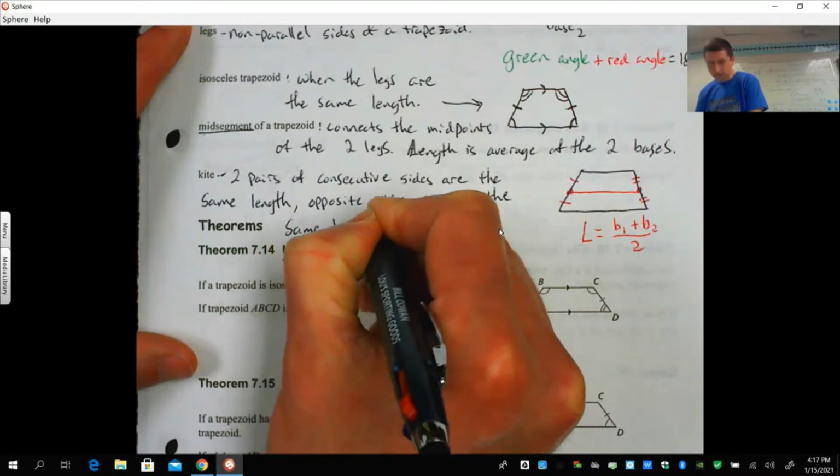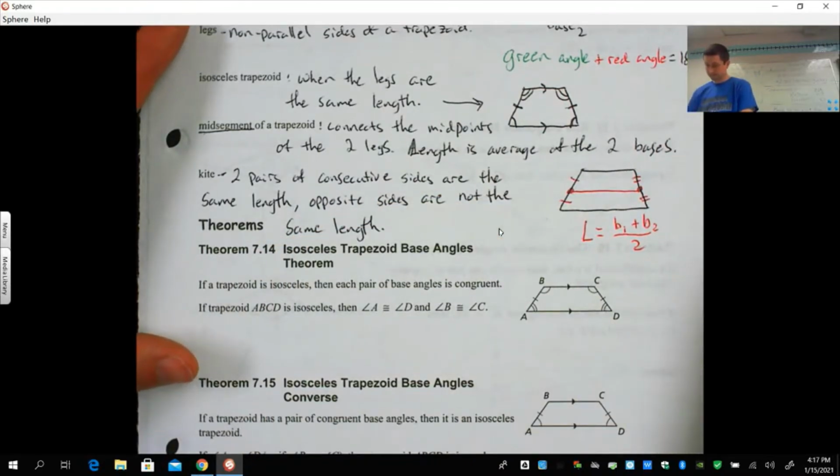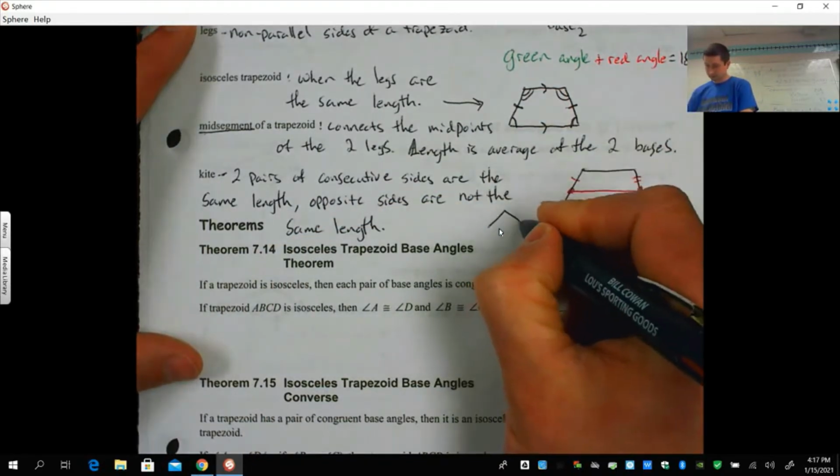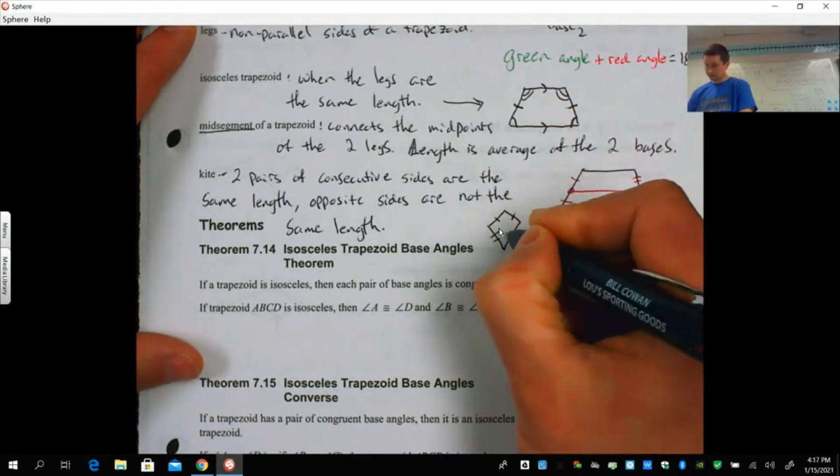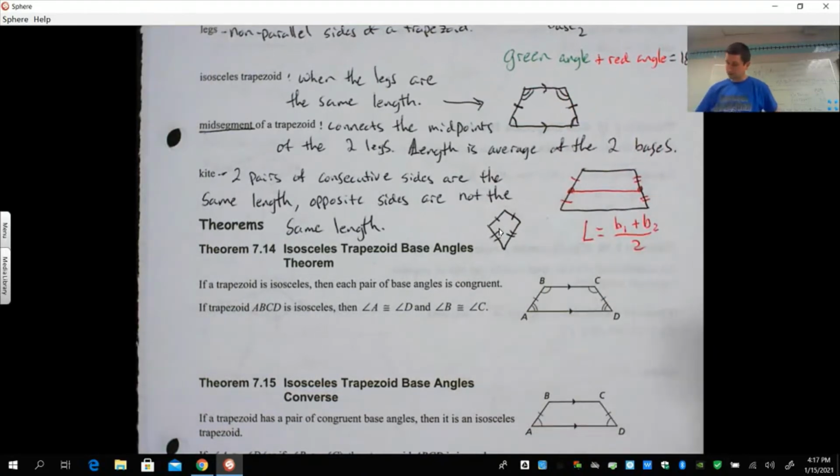Opposite sides are not the same length. Okay? So you basically get to draw a kite. Consecutive sides are the same length, opposite sides are not the same length, but they could be the same there.